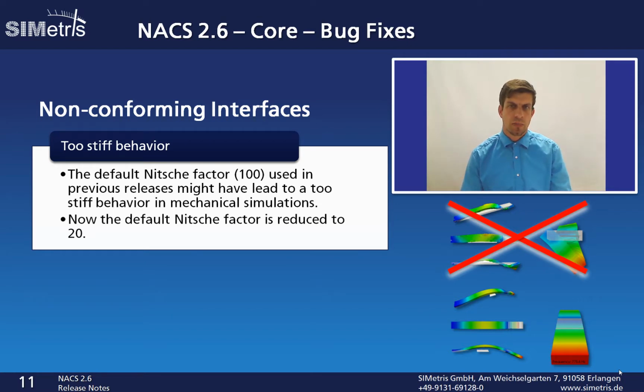Now we changed that behavior and used the default value of 20 for the NACS factor. So maybe you should review your simulation results when you used that feature in previous releases.